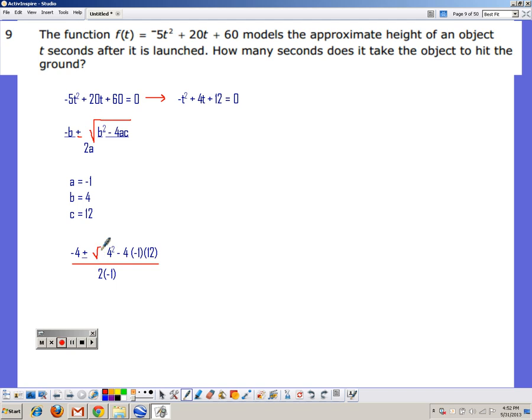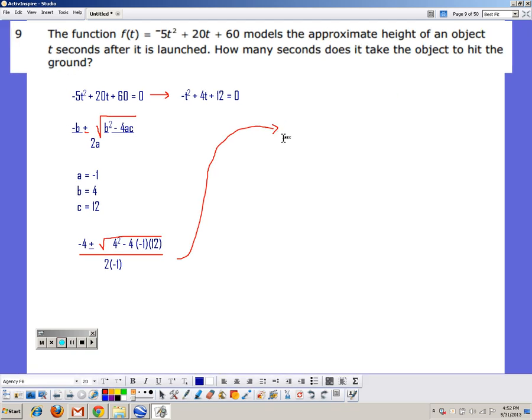Let me draw my square root symbol. Okay, I'm going to bring it up here so I have room.